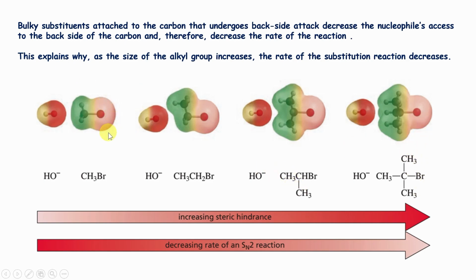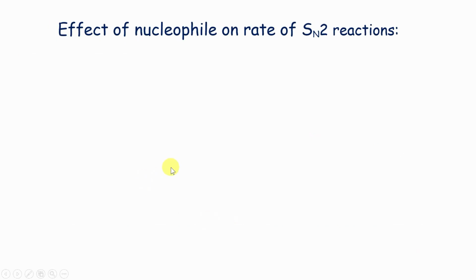Methyl bromide gives the fastest reaction, whereas tertiary butyl bromide gives no SN2 reaction at all. Now let us consider how the nucleophilicity of a nucleophile influences the rate of an SN2 reaction.